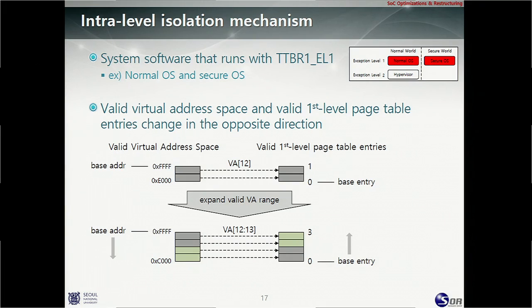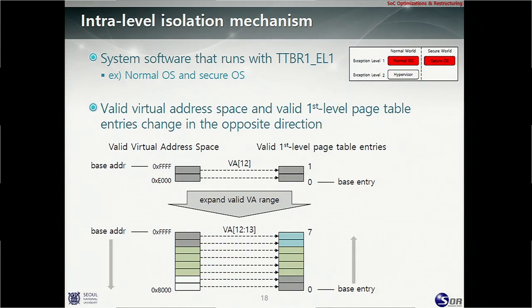So the change of the virtual address range compromises the consistency of the legacy mapping between the virtual address space and the first level page table entry shown in gray in the figure. Therefore, even if Hilps doubles the valid virtual address space, as in the case of the TTBR0 based page table, the added virtual address space cannot be used for the inner domain.